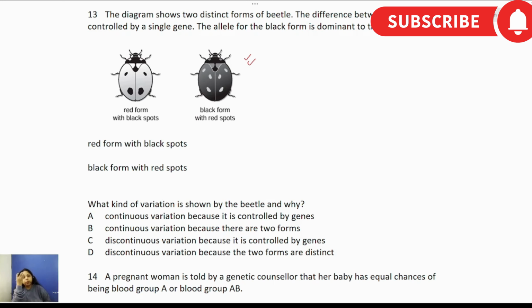Would it be continuous or discontinuous? You have only two types. So what type of variation would it be? Continuous or discontinuous? How do we define continuous variation and discontinuous variation?